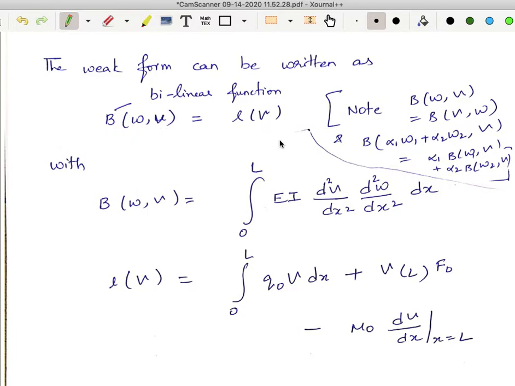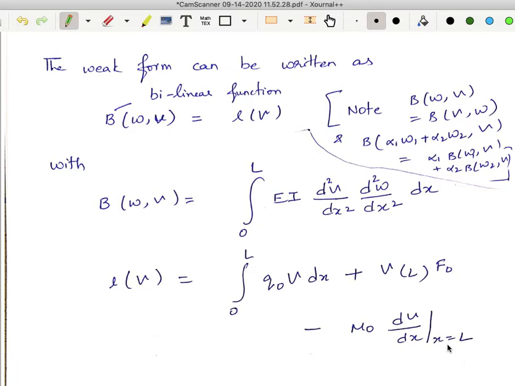If we equate this equation to the weak form we already computed, b of w comma v will be the integral 0 to L of EI into d square v by dx square times d square w by dx square dx. This is b of w comma v. And what is L of v? L of v will be the integral 0 to L of q naught v dx plus v at L into F naught minus M naught into dv by dx at x equal to L.